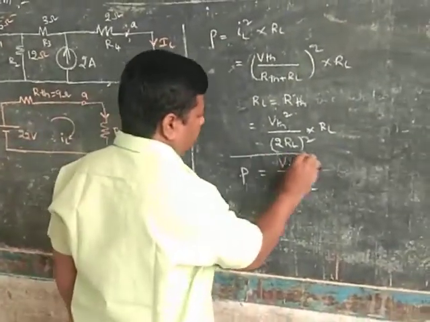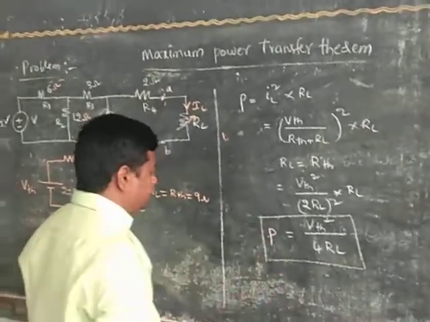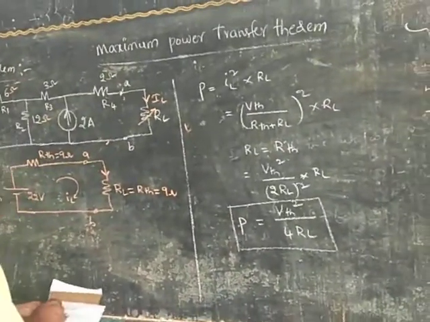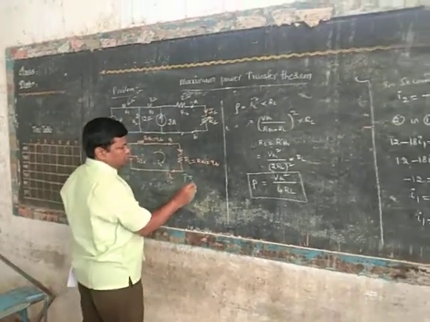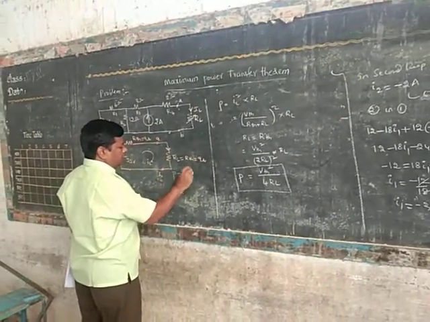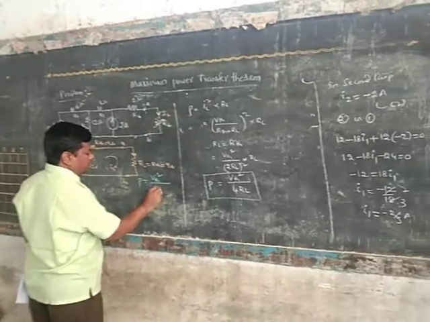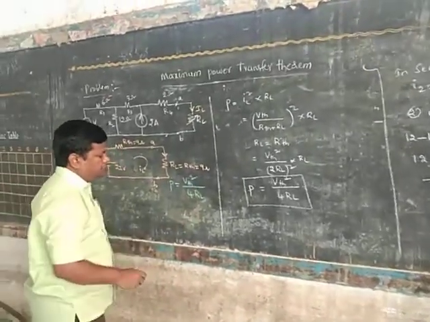So the expression for power delivered to the load is V Thevenin whole square by 4R.